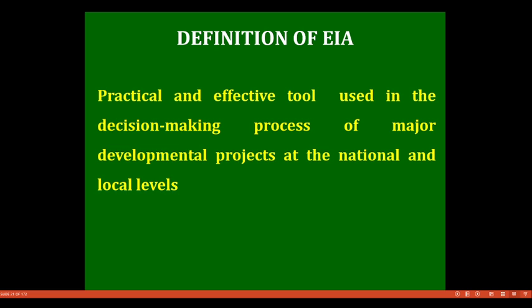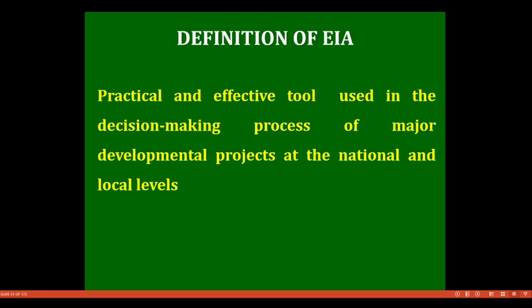Now we are combining environment, we are combining impact, and then combining assessment. So what is EIA? What is the definition for EIA? When you refer to any books, you will get different types of definitions depending upon the person who is contributing that one and his field of specialization. But a commonly used definition is this one. EIA can be considered as a practical and effective tool used in the decision-making process of major developmental projects at the national level and local level.